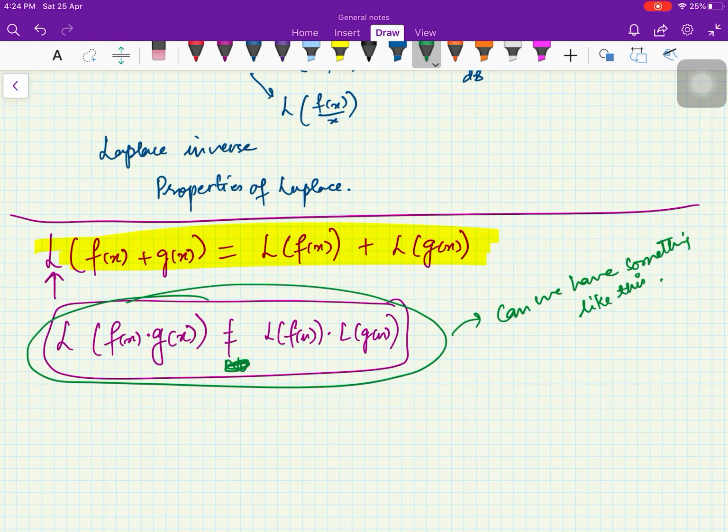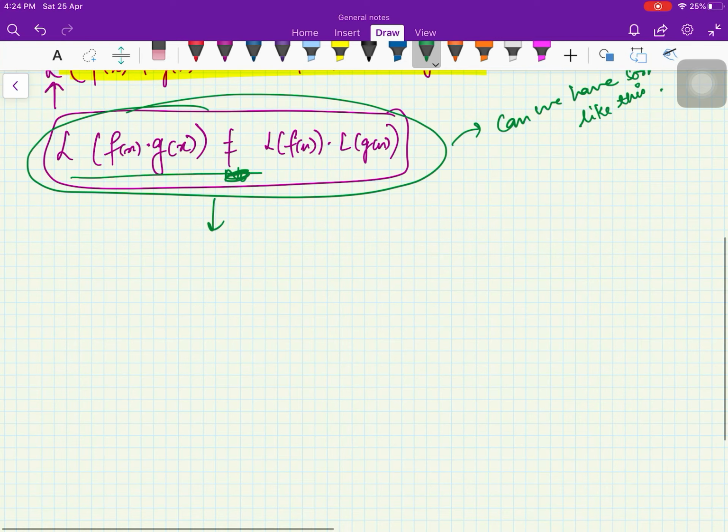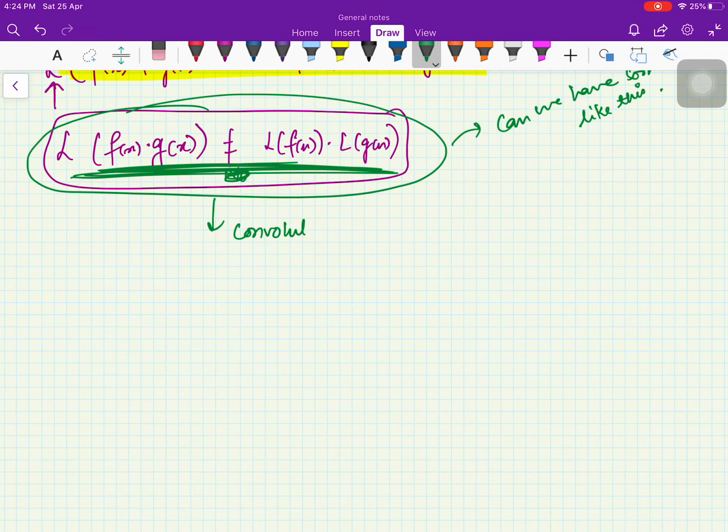This is what you do if you go to a market to buy something you like, maybe a dress, and you don't get your exact choice, then you look for something a little bit lesser than what you had in mind. So we are looking for an alternative to this, and here convolution comes into the picture.